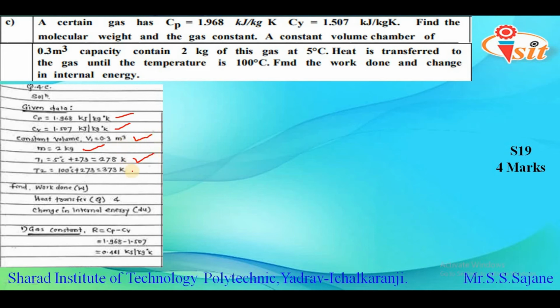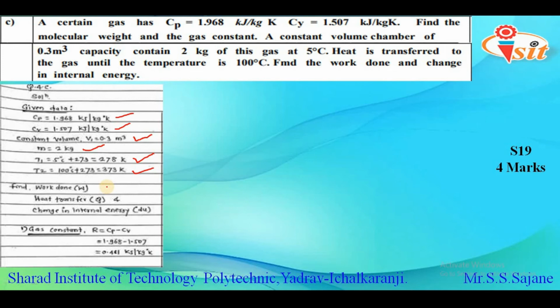Now in this question, they have asked us to calculate 4 parameters, that is the molecular weight, gas constant, work done, and change in internal energy for this isochoric process. So first we will see how to calculate the molecular weight and the gas constant.